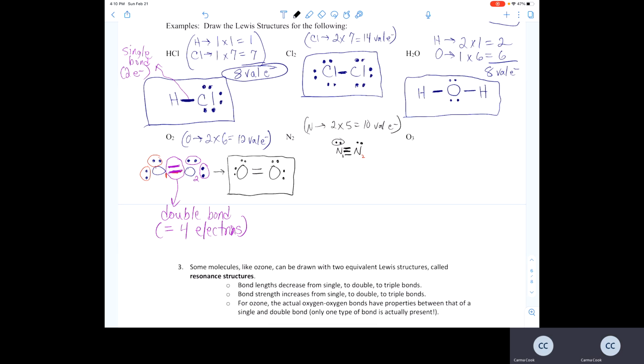And now we've got a triple bond between the 2 nitrogens. A triple bond is equal to 6 electrons. So now both nitrogens are happy because they've got 2, 4, 6, 8 electrons around each of them.